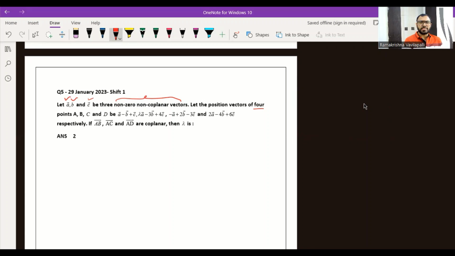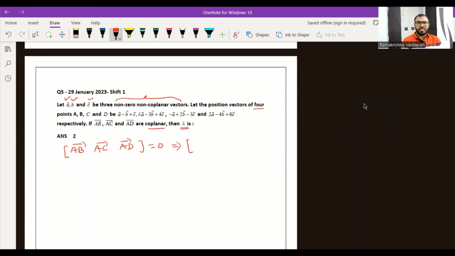If AB bar, AC bar and AD bar are coplanar vectors, then what is the value of lambda? So they are coplanar vectors, which means that the box product of AB bar, AC bar and AD bar equals 0.